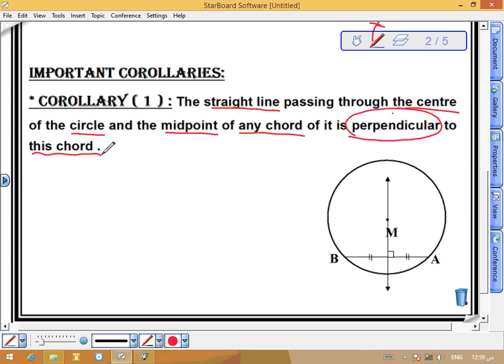Like here, we have a straight line drawn like this, passing through the center of the circle, which is M, and bisecting the chord AB. It passes through its midpoint. The result is that it makes a right angle with this midpoint.